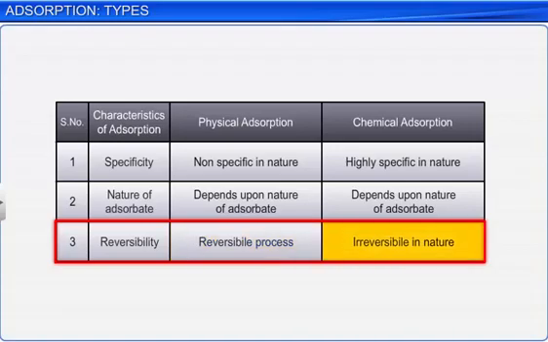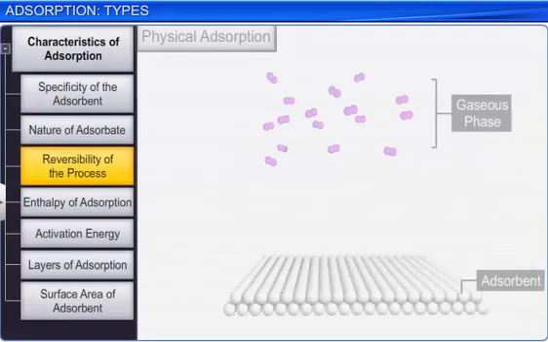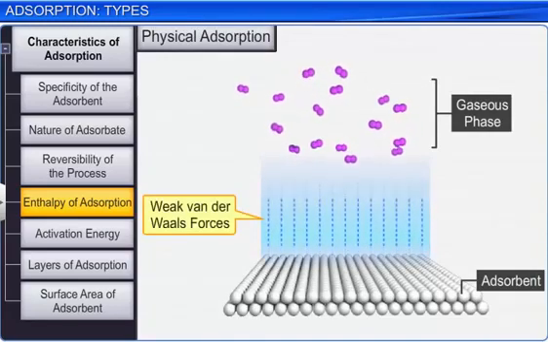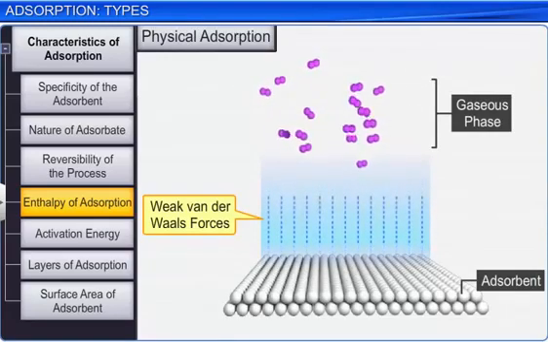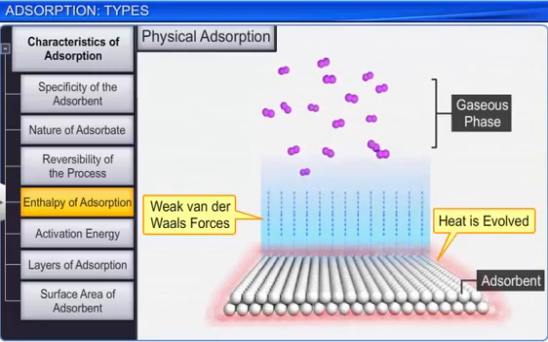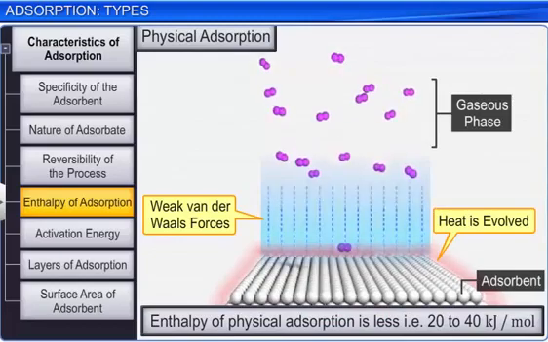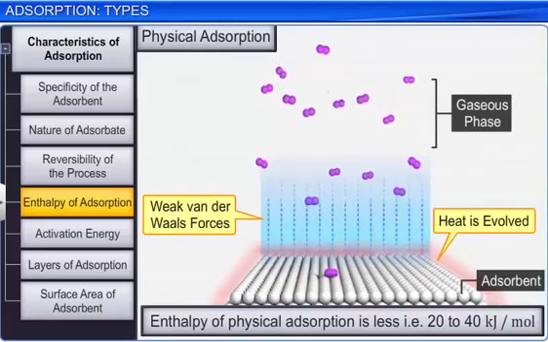Next, let us discuss the enthalpy change associated with physical and chemical adsorption. In physical adsorption, since the van der Waals forces of attraction are weak, the heat evolved or the enthalpy of adsorption is very little, around 20 to 40 kilojoules per mole. Chemical adsorption is also an exothermic process.